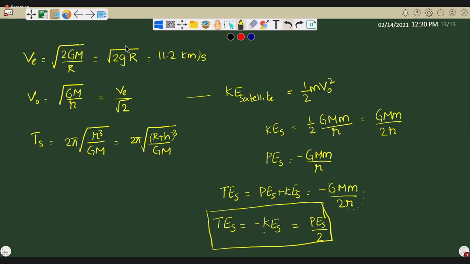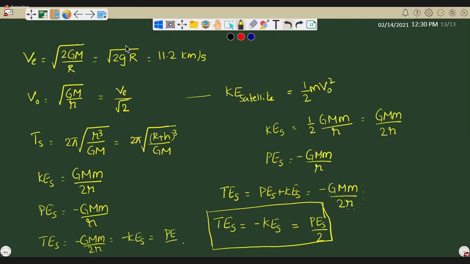So kinetic energy of satellite is equal to GMm divided by 2R. Potential energy of the satellite is equal to minus GMm divided by R. Total energy of the satellite is equal to minus GMm divided by 2R, or kinetic or potential energy by 2. Clear?